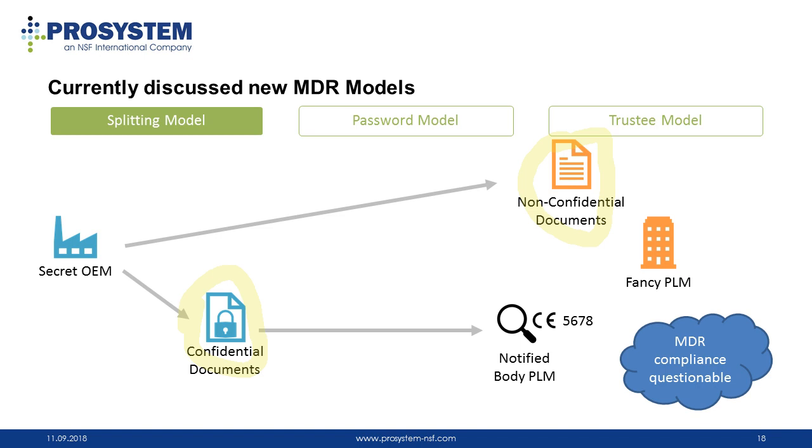The biggest problem here is that if the confidential part of this documentation is not available to the legal manufacturer, it is usually seen by the notified body or by the authority that he cannot fulfill his requirements as a legal manufacturer because he's not aware of every detail of his product, and thus he cannot fulfill all his requirements.